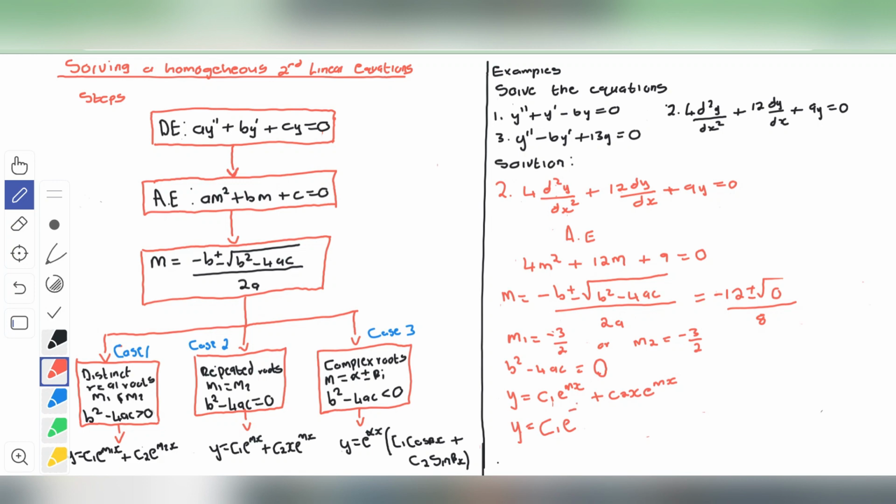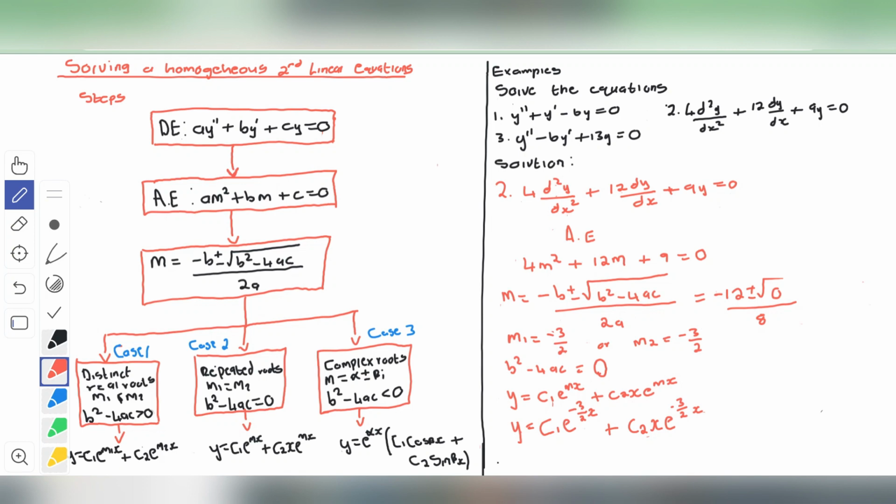We can see that m is represented by minus 3 all over 2, plus c2 x e. M is what? Minus 3 all over 2 x, right? Forgot to put x here, and also x here. Therefore this is how we solve the homogeneous second-order linear equation.